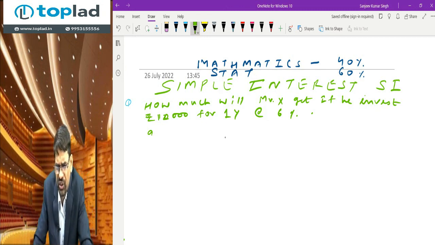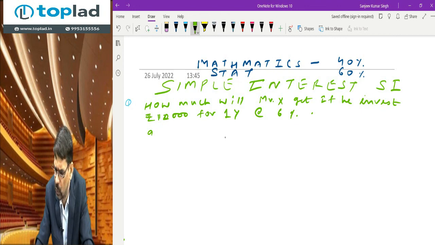In the examination hall, you just tick mark, whether you do it on paper or do it in mind. Ultimately you have to solve and get an answer.